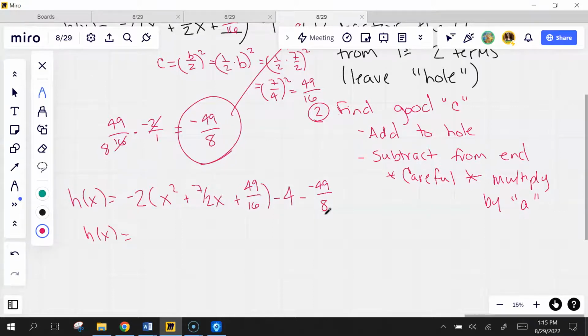All right. Now what do I do? Well, it's downhill from here. I'm just going to factor and simplify. So I have the negative 2 outside. This is now a perfect square trinomial because I just forced it to be a perfect square trinomial.